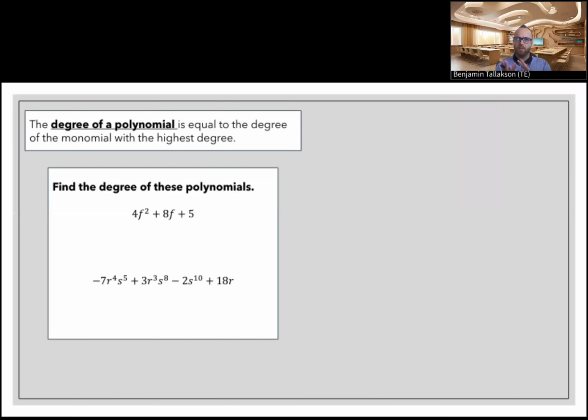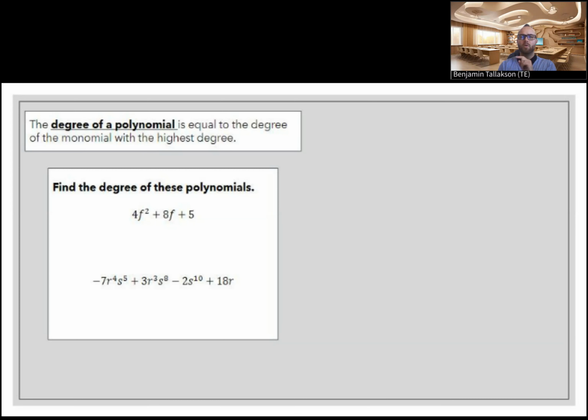Now, you just found the degree of a monomial. Finding the degree of a polynomial is very, very similar, but there's just more of it. Okay, so think about this as I read it. The degree of a polynomial is equal to the degree of the monomial with the highest degree.